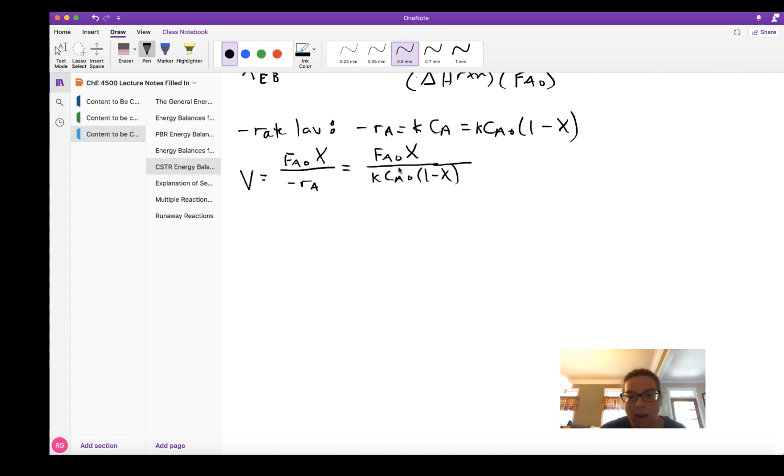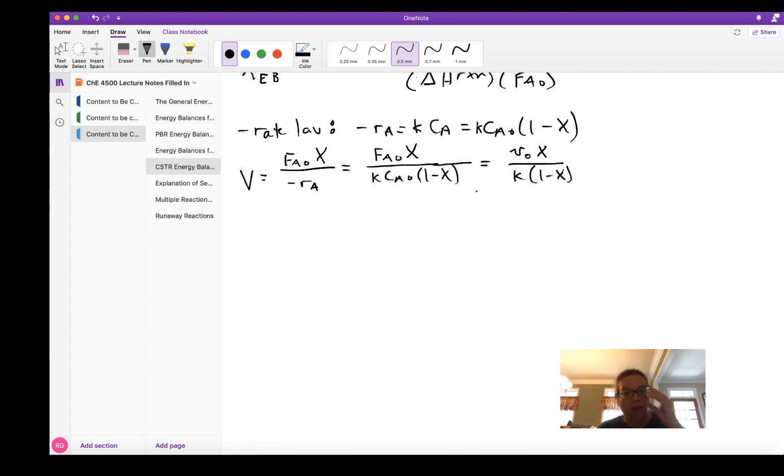Now I notice that I have these two constants, I have F_A0 divided by C_A0. So this is actually going to give me a volumetric flow rate. So that's going to be v_0 times X divided by k times (1 minus X).